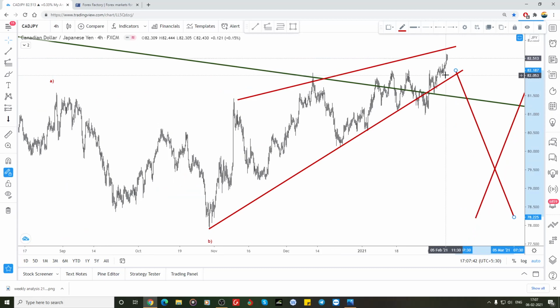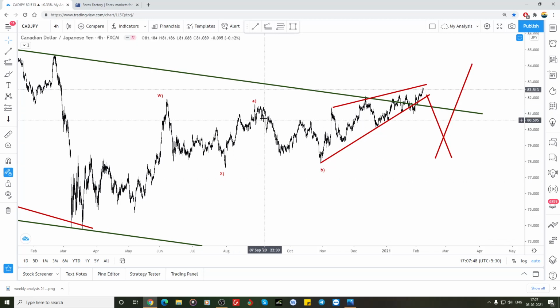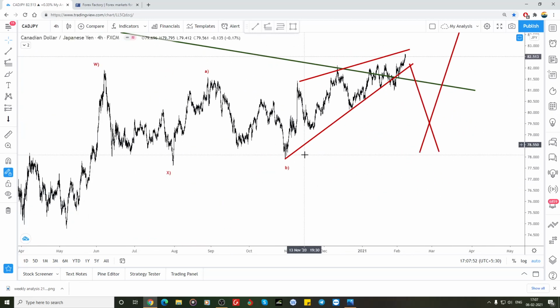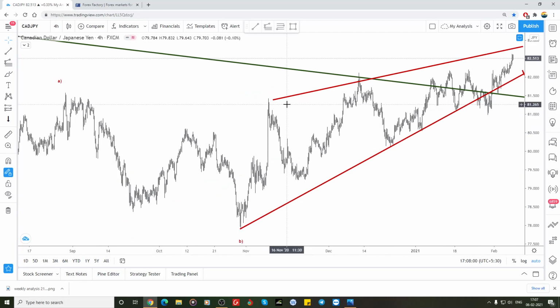Right? So here, whether this is a W, X, A is a 5-wave structure, and B. So we are in the ending diagonal. Ending diagonal means A is 1, 2, 3, 4, 5, or C is a wedge formation.